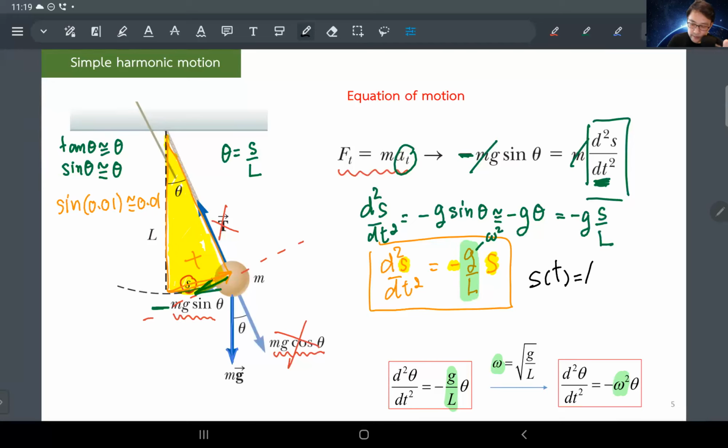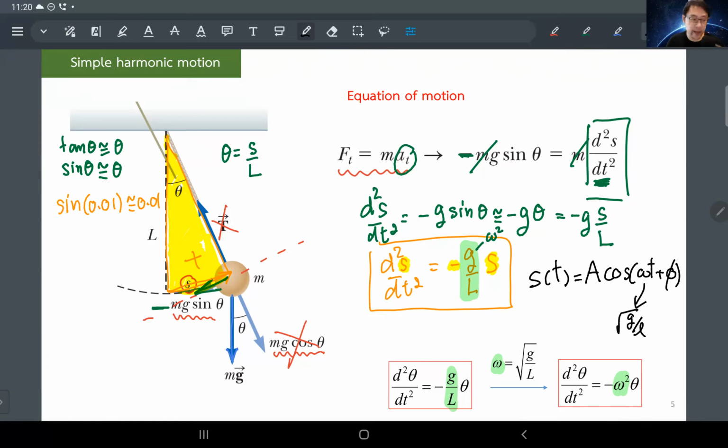Amplitude, sine or cosine, your pick, omega t plus phi. And that's it. I'm done. Isn't that cool? And I can tell you the omega is just the square root of G over L.